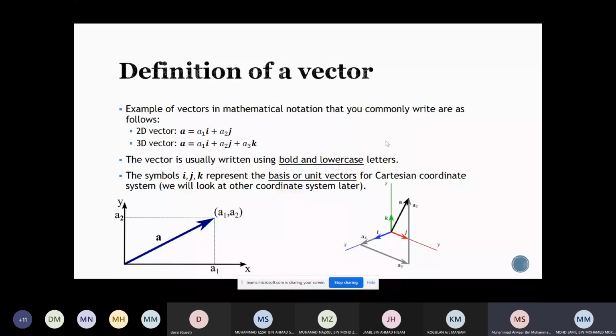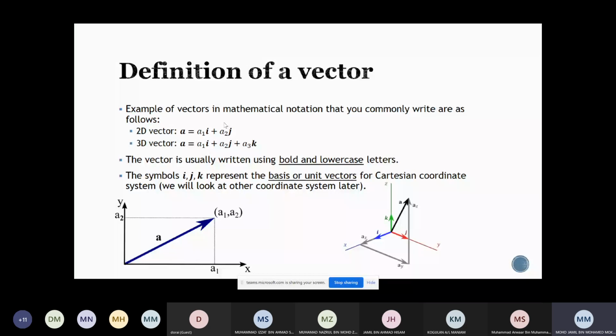Yes. Okay, so the earlier slide was just an introduction, so not really important. Okay, so we have a 2D vector a1 i plus a2 j. So i is the vector in the x direction and j is the vector in the y direction. So for a 3D vector, we have the z direction, so we represent it with the k symbol.